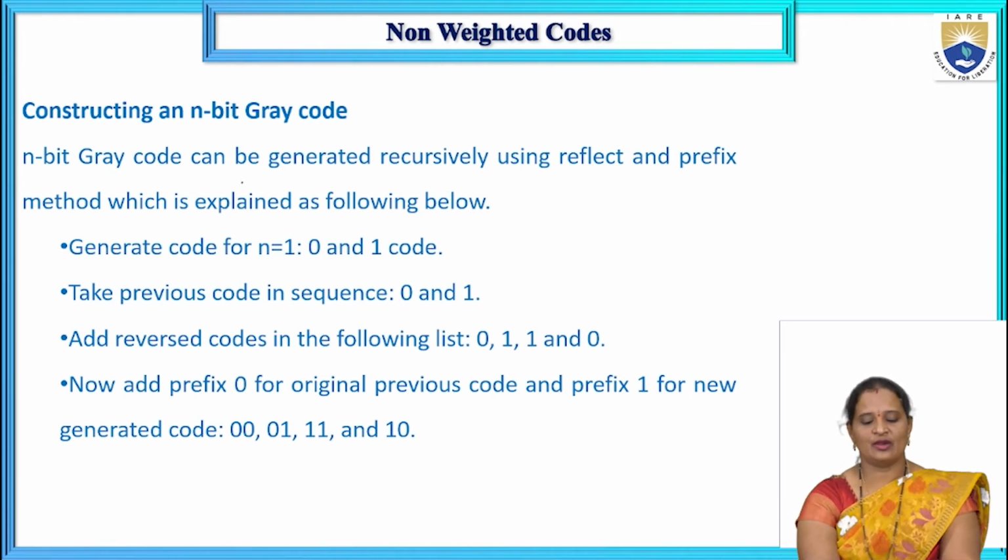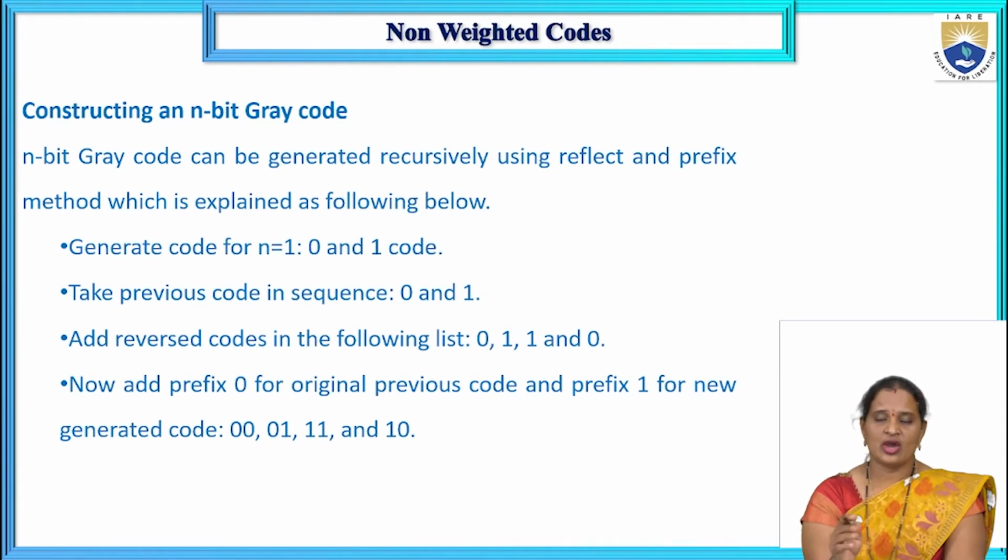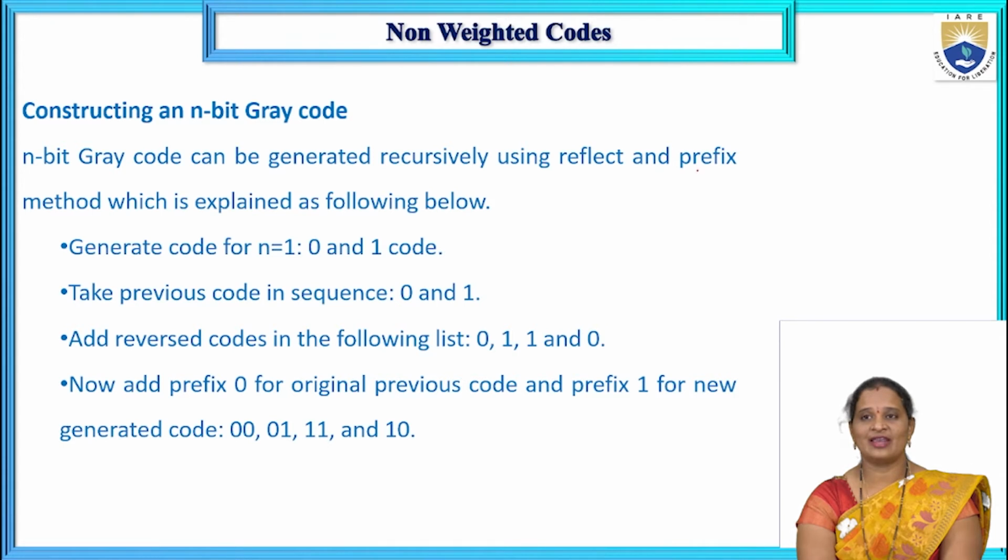An n-bit gray code can be generated recursively because we don't have any positional weights. So that is why we should have some procedure for constructing a gray code. I want to construct an n-bit gray code. What is the procedure? An n-bit gray code can be generated recursively using reflect and prefix.